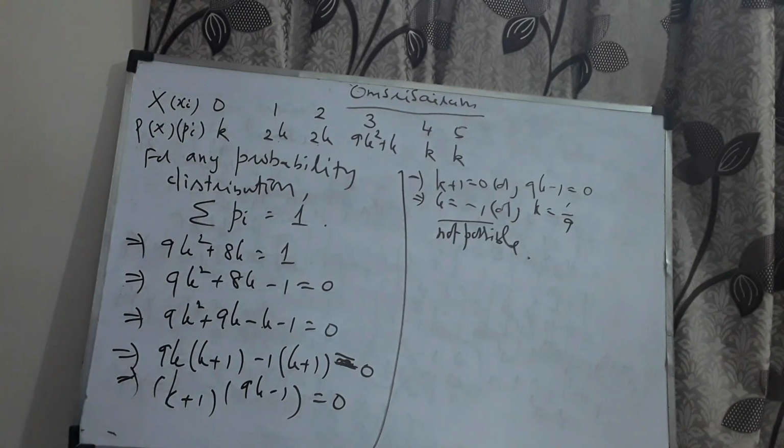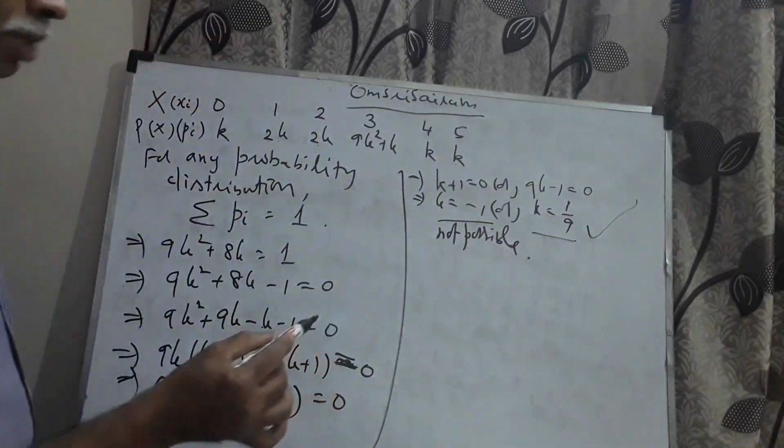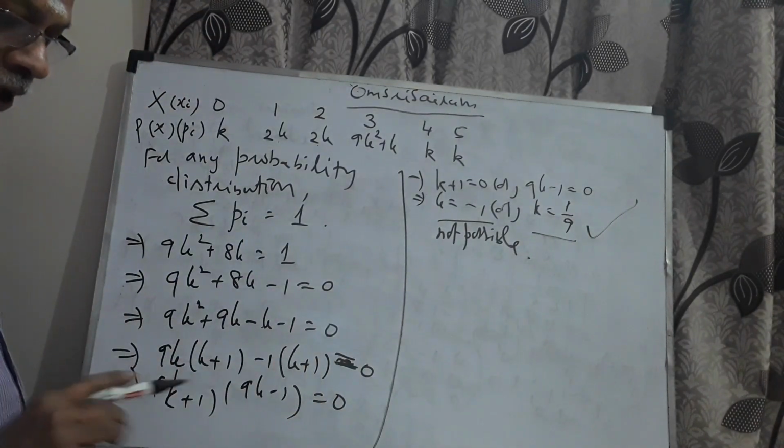Probability of any event should be always between 0 and 1. It shouldn't be below 0. It shouldn't be above 1 also. For impossible event, it is exactly 0. For sure event, it is exactly 1. For any other event, it is a fraction between 0 and 1. Therefore, value of k happens to be automatically 1 by 9.